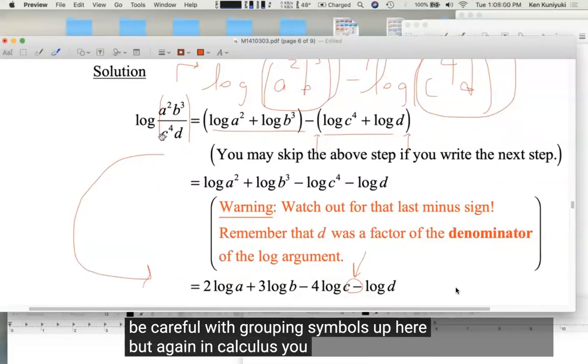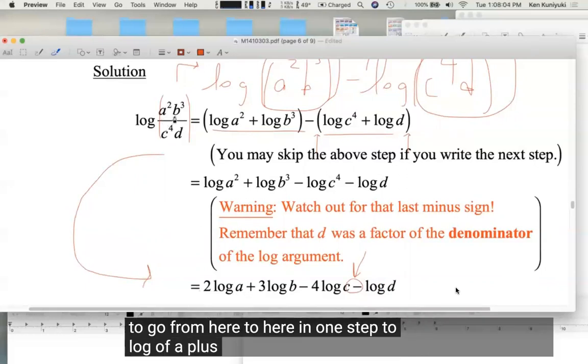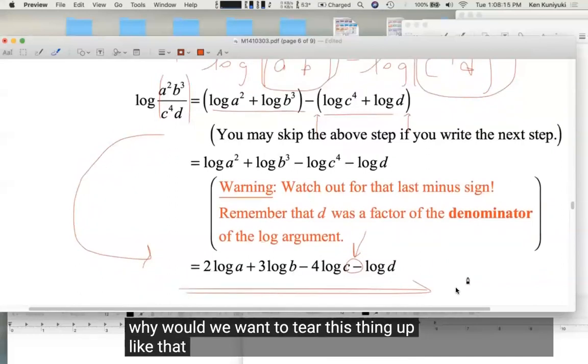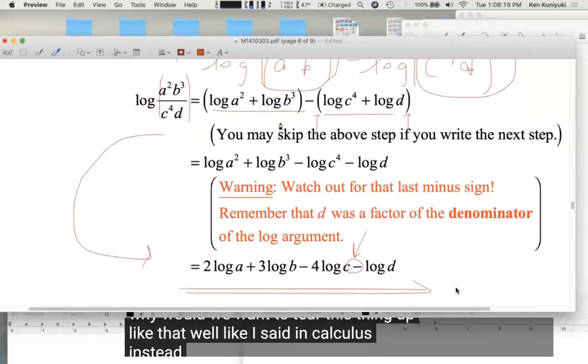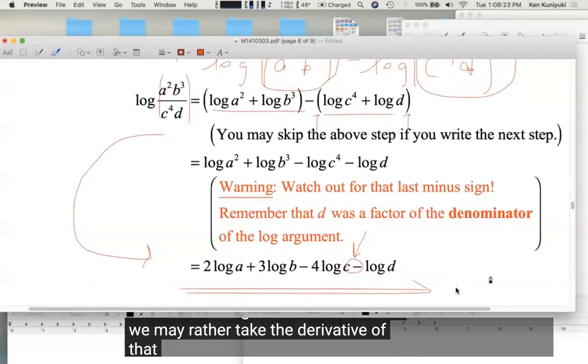But again, in calculus, you should be able to go from here to here in one step: 2 log of A plus 3 log of B minus 4 log of C minus log of D. Now why would we want to tear this thing up like that? Well, like I said, in calculus, instead of taking the derivative of that, we may rather take the derivative of that.